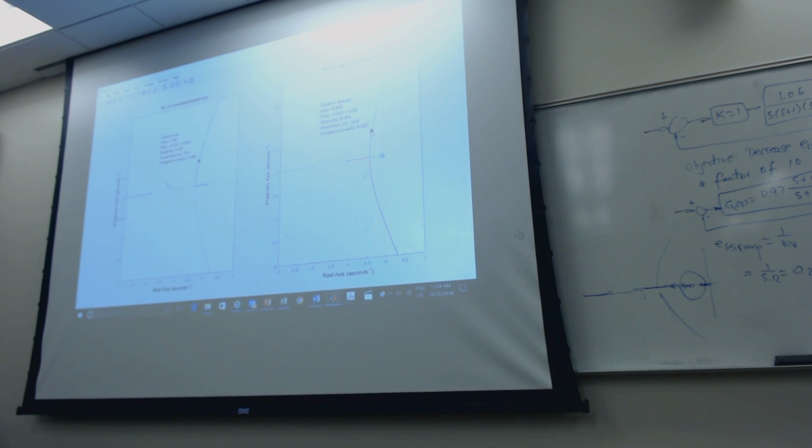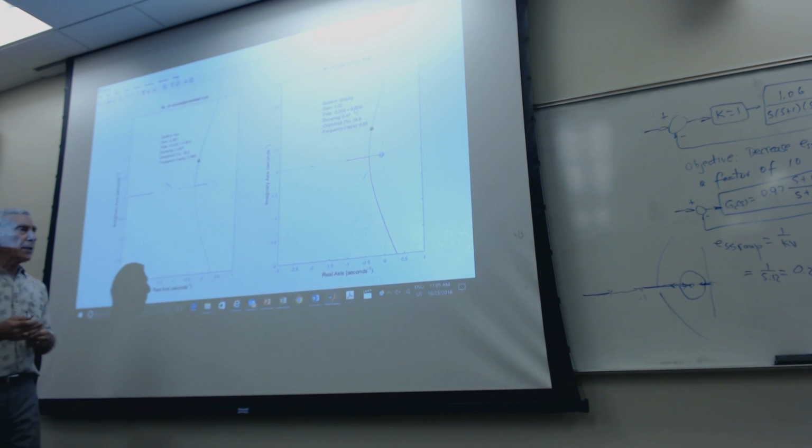Increase that a little bit. Right about there, can't get it very well, 1.02. And so now you can compare the closed loop pole here, -0.3 plus j0.58, and here it's -0.3 plus j0.57. So they're very close to each other, right?